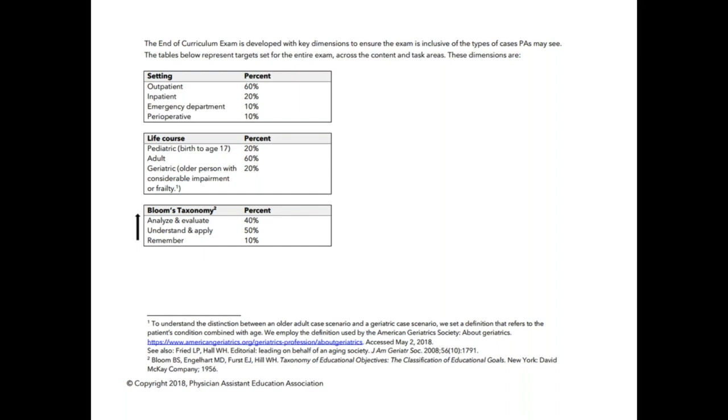For life course, we have pediatric, adult, and geriatric. Finally, we have incorporated Bloom's taxonomy with 3 consolidated areas: remember, understand and apply, along with analyze and evaluate, which assists in ensuring students who pass the exam have demonstrated a thorough mastery of content.